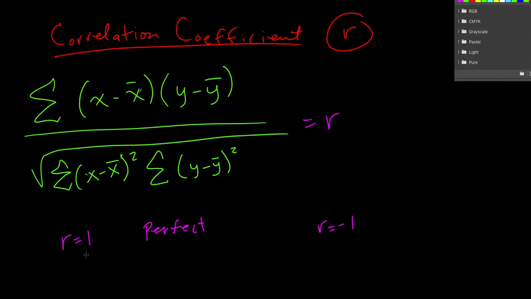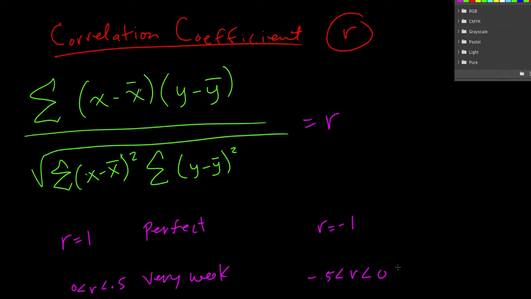Now, the contrast to that is if we have 0.5 or lower, we're going to say very weak. And then there's different levels.